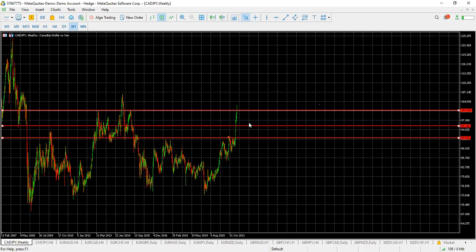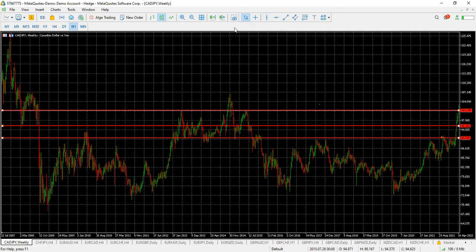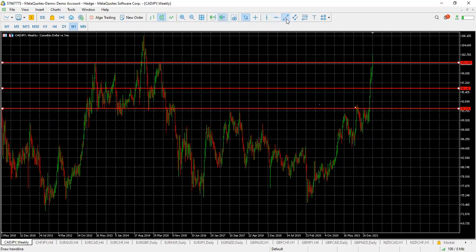So either a pullback to these points, the first one, then the second one after, or it comes down here. But what happens is we can see that on the higher time frame, the market is at all-time high.